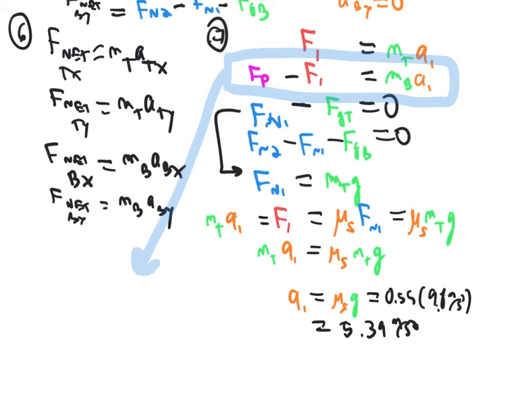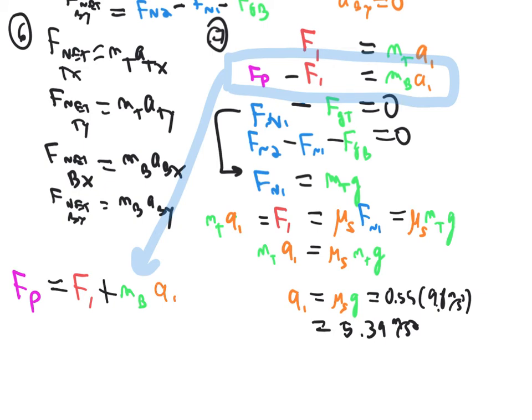And we can say something like Fp equals F1 plus the mass of the bottom one times the acceleration.